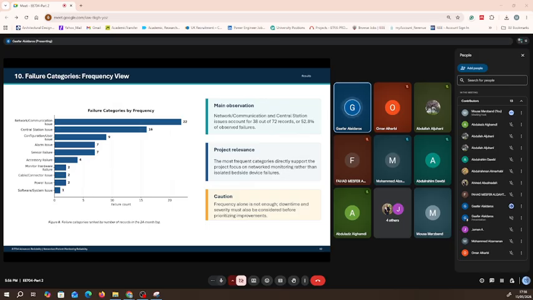This is a major finding because it directly supports the project focus on network-based monitoring systems. If the project only looked at the bedside monitor hardware, it would miss more than half of observed reliability problems. The data show communication and central visibility are major contributors to observed failure.